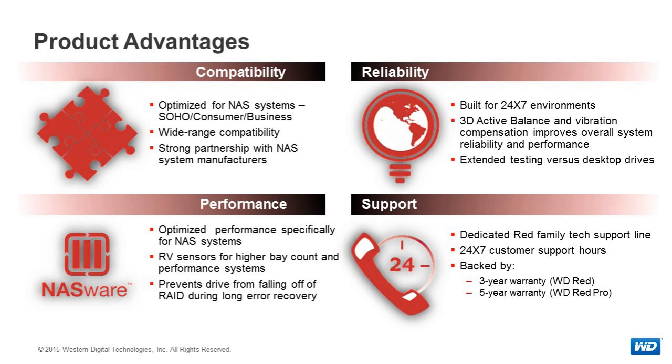We want to make sure that we are not encountering that in our hard drives. So we do the 3D active balance, which is the 3D being X-axis, Y-axis, and Z-axis. And then we do perform some extended testing versus our desktop drives to make sure that the Red drives as they come out will be, again, highly reliable, high quality in this NAS type of application.